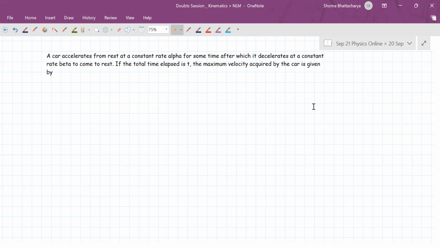So what I would advise in a question like this is try to visualize the graph of velocity versus time, or speed versus time, whatever. So realize that the graph looks like a triangle, like the acceleration part is a straight line with a positive slope and the deceleration part is a straight line with a negative slope.